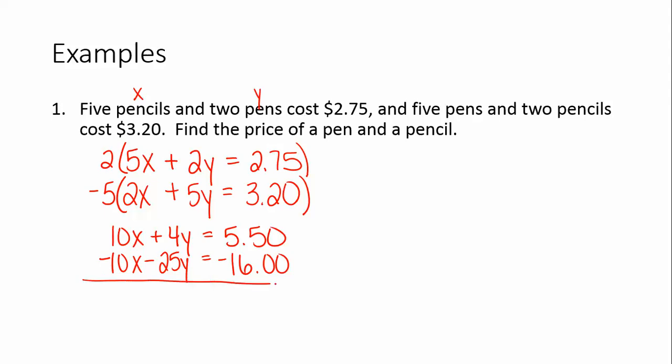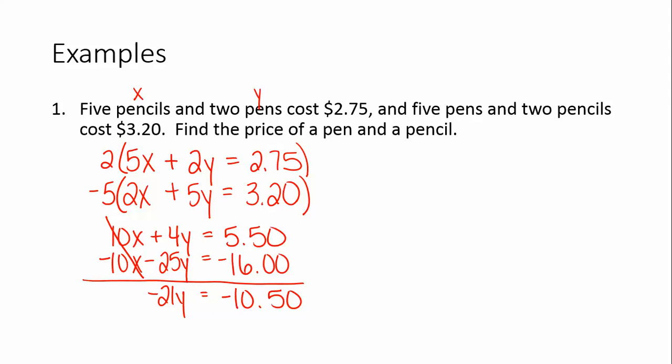So now I have the system set up for elimination, and I'm eliminating the x. So we have 4 plus a -25y, that's -21y. And I have 550 plus a -16. That's -$10.50.